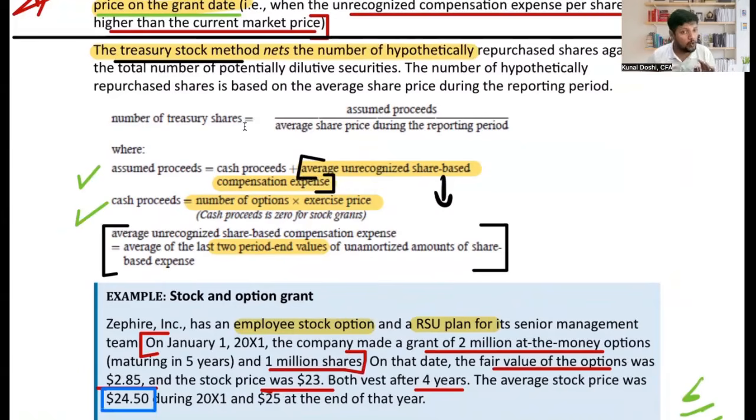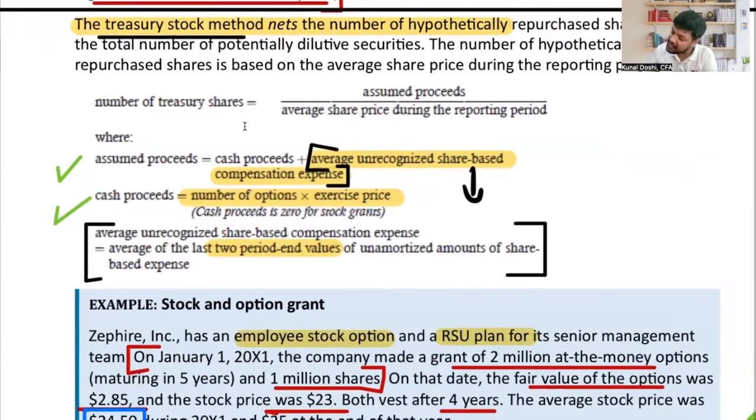So first, what we do is find out how many shares can be repurchased by the cash that you receive from the dilution. So we need the cash proceeds. Cash proceeds is basically when investors subscribe to the option and then they pay cash to the company. From this, we will first subtract or adjust the unrecognized share-based compensation expense.